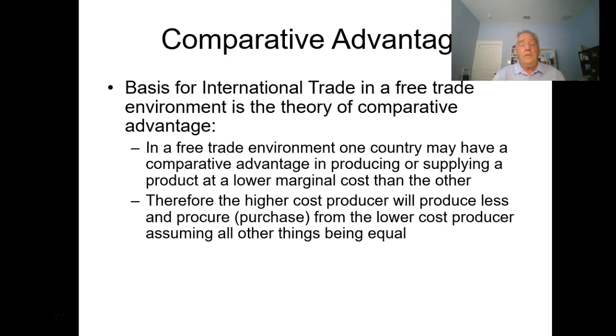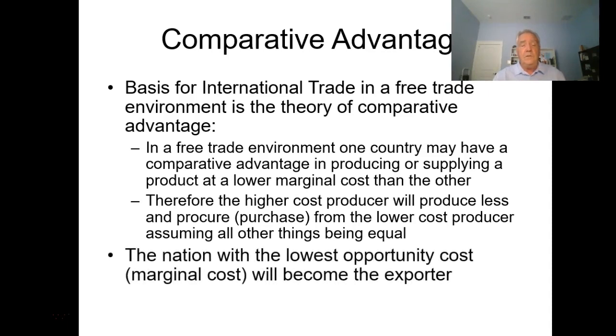So if you look at who will do what, the country with the lowest marginal cost, or comparative advantage, will be the exporter. The higher cost producer will be the importer, and he will have to purchase from the low-cost producer. All other things being equal, that's what he will want to do. So the high-cost producer will produce less and procure what he needs from the producer who has the comparative advantage, or the lowest marginal cost.